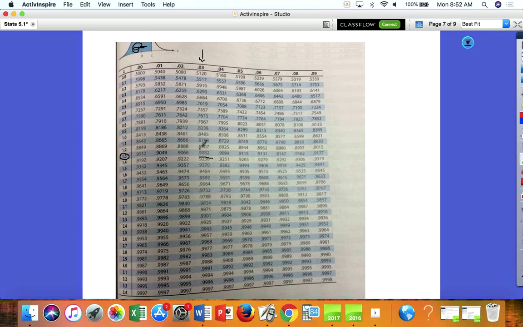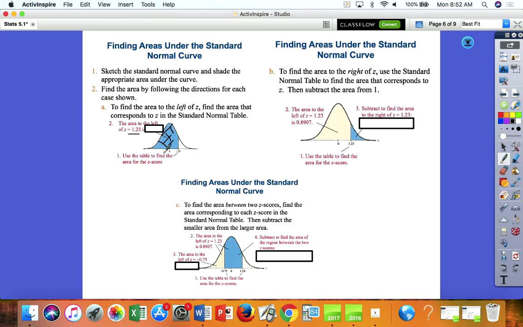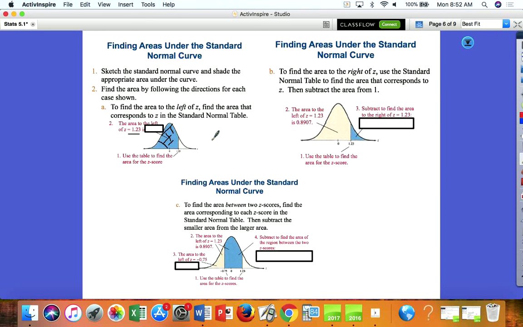So what is the probability that a z-score would be less than 1.23? I think it'd be 0.8907. Can you see that in your table? 0.8907? Oh, that's what I meant to say. Oh, 1.23. Okay.